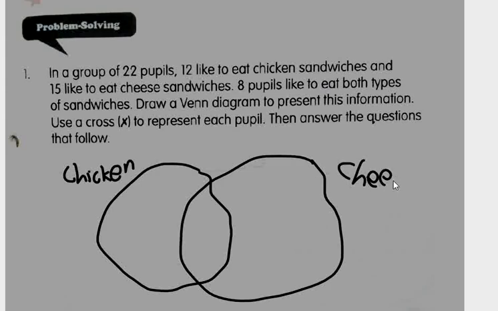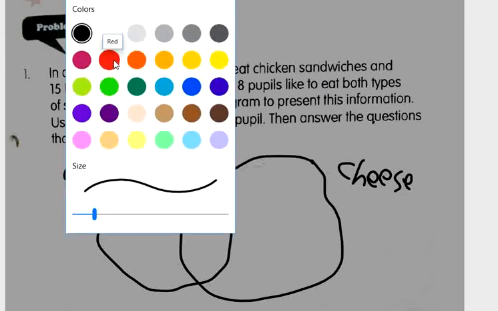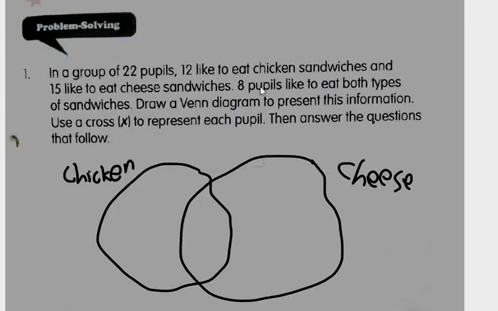So let's mark the combined part first, because it's already been given here. There are 8 pupils, so use a cross to represent each pupil. So it means that we have to draw 8 crosses.